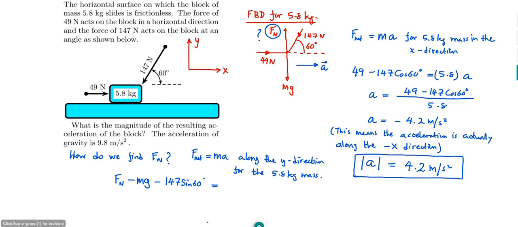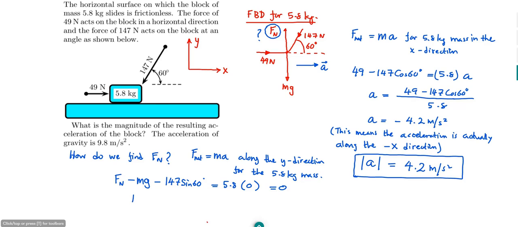But there's no acceleration in the y direction. So as a result, I can write 5.8 times 0, because there's no acceleration in the y direction. It has no motion up or down. It's just constrained to move along the x or the horizontal direction.